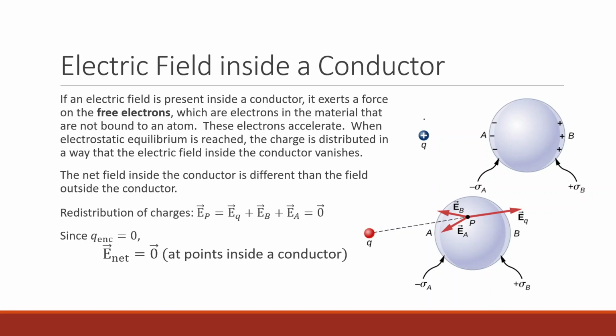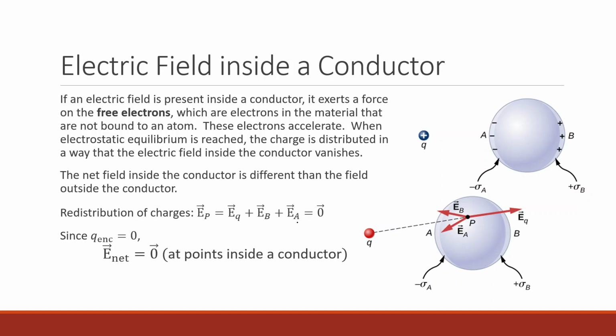Okay, so when we're looking at this situation where we induce some sort of charge distribution that's not zero, or we're separating these charges, the minuses and the pluses, we have this redistribution of charges. So our electric field at some point inside the conductor will be our net electric field acting there. So we've got E_Q, E_B, and E_A, and they will all sum to equal 0.